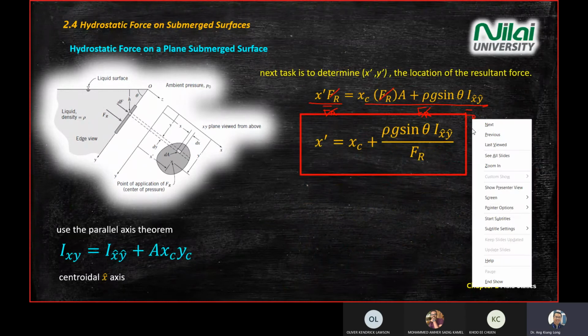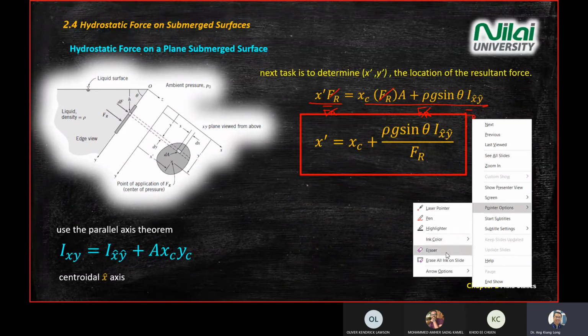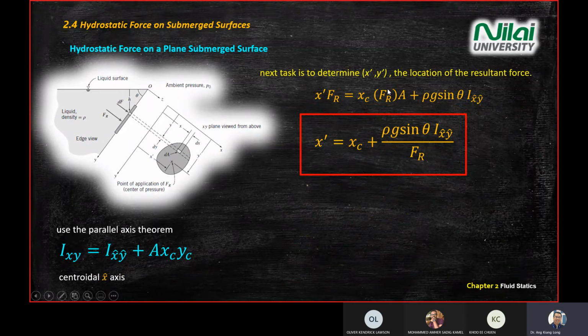From these slides to another slide, the A is missing. So the equation here, x prime equal to x centroid plus rho g sine theta I, second moment of inertia, divided by FR.